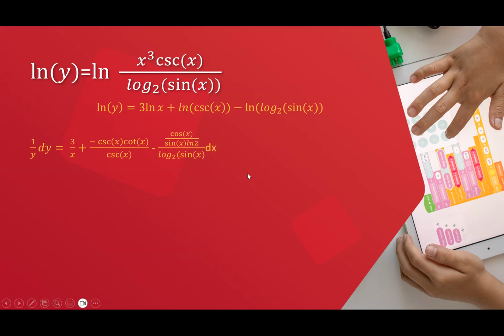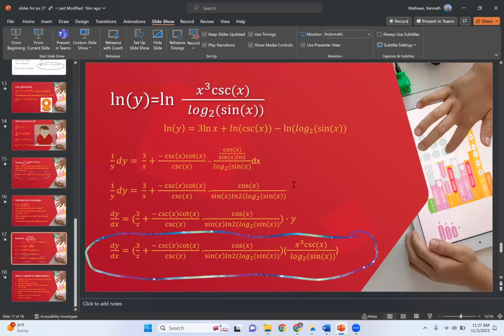Now what are we going to do to both sides? Divide both sides by dx, multiply both sides by y. Oh no, not yet. Clean it up. I forgot my dx here. I really should have parentheses here, and parentheses here.